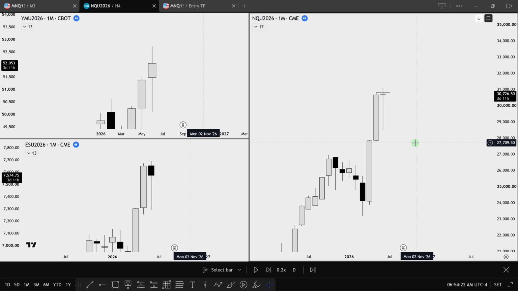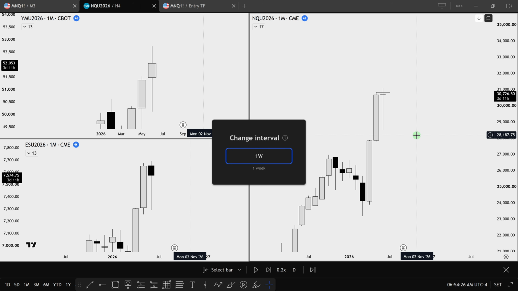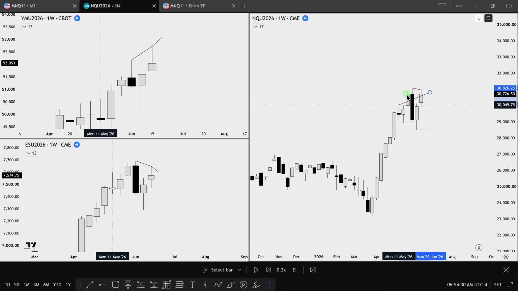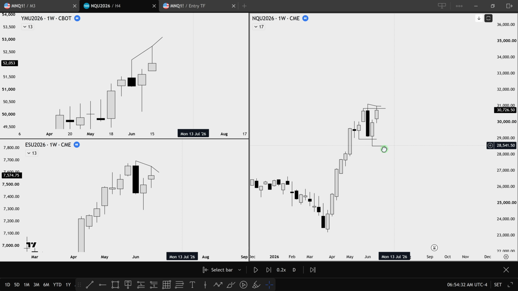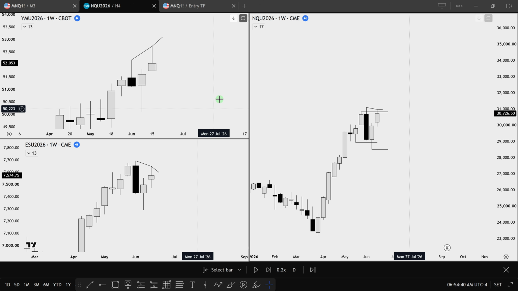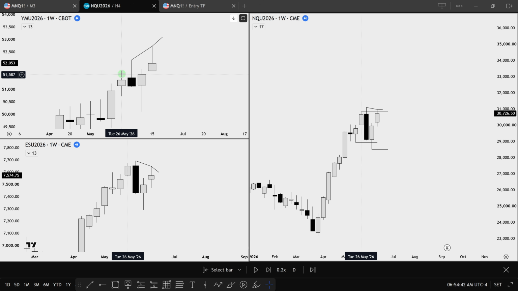Now, we see that we swept the high of the month on all of the assets, but when we drop on the lower time frame, so when we sweep the high of the month, this candle right here, this huge bearish candle sweeps the high of the previous month on all of the assets.